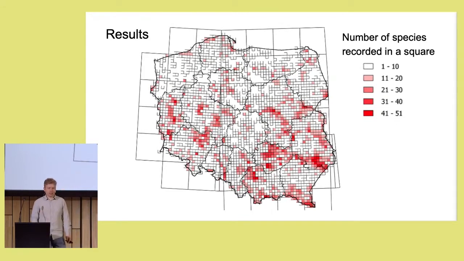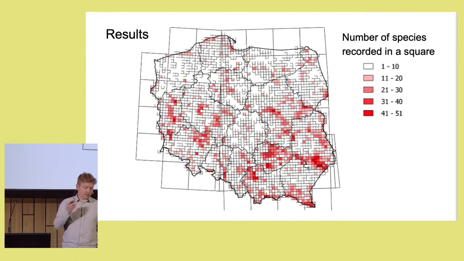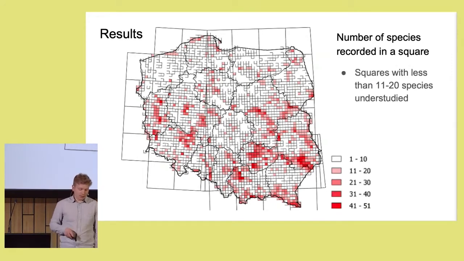So maybe we can look at the number of species recorded. You see that vast areas are insufficiently covered, and I was trying to think how can we say how well the area is covered.